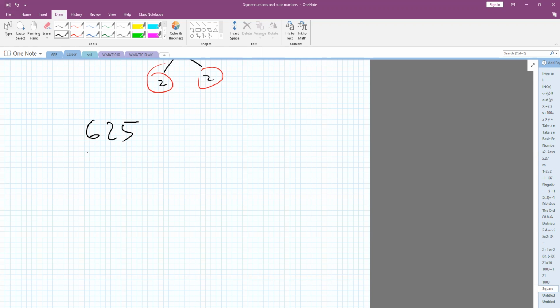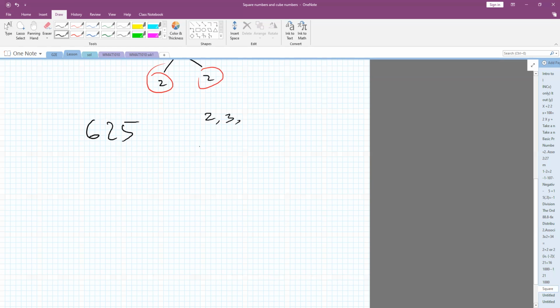Now, if you can't divide by 2, what is the next prime number after 2? 3. Do you think we can divide 625 by 3? No. How do you know? Last time I explained, when you have a number like this, a 3 digit number, you add all of the digits.